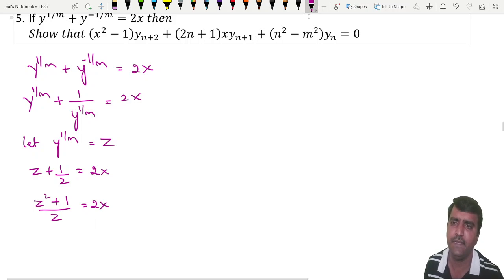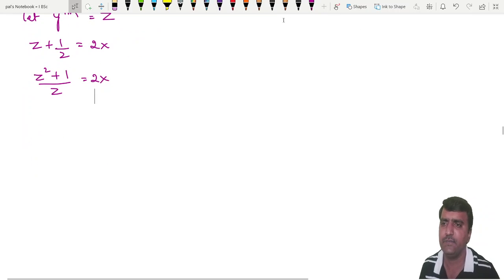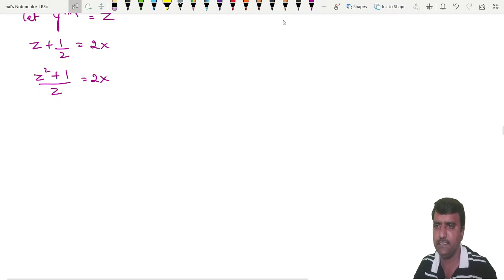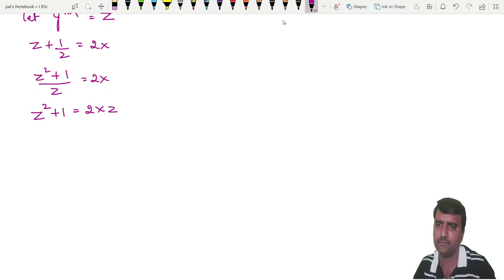Now simplifying this, it is z square plus 1 is equal to 2xz. Now you take this is z square minus 2xz plus 1 is equal to 0.